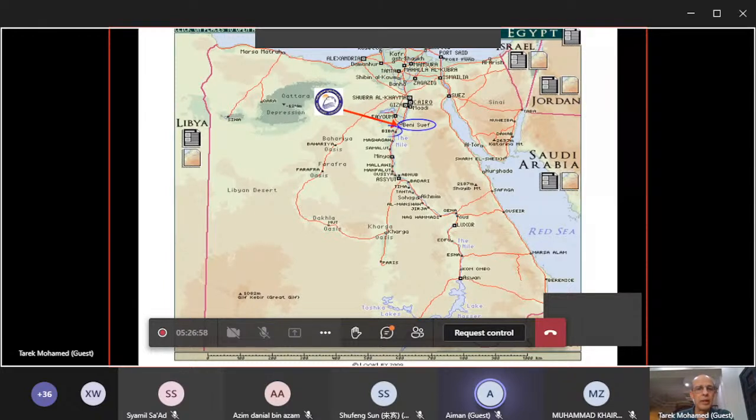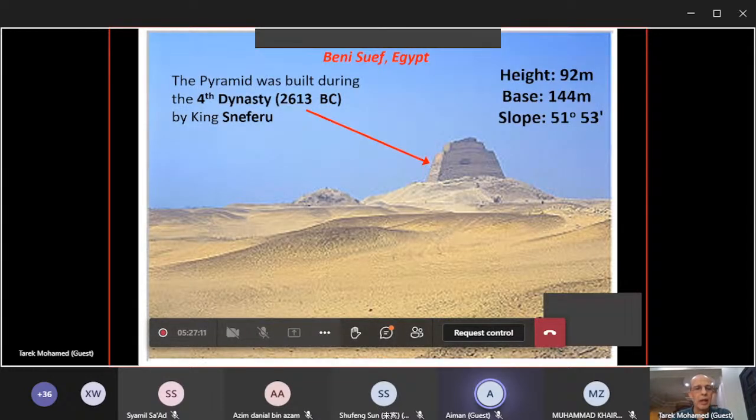I grew up in a small village around 20 minutes from Beni Suef city, but currently I'm living in Beni Suef. In my city there is a very famous pyramid called the Meidum Pyramid, built during the fourth dynasty of ancient Egypt, around 2,600 BC.